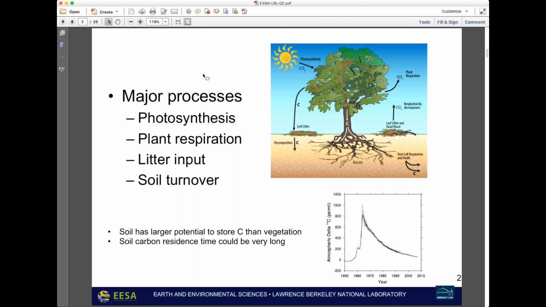And then a large fraction of the photosynthesis is going to return back into the atmosphere through plant respiration. Roughly globally, it's about 40 to 60%. So that's about half. Half of the carbon will be released into the atmosphere immediately through respiration.